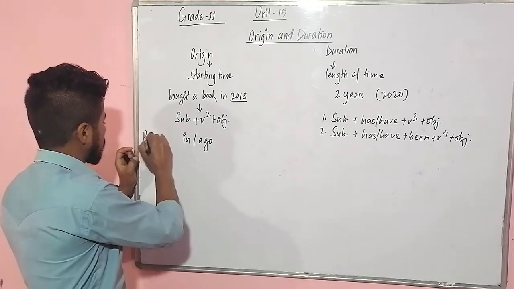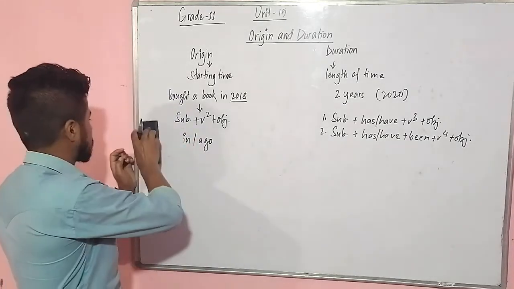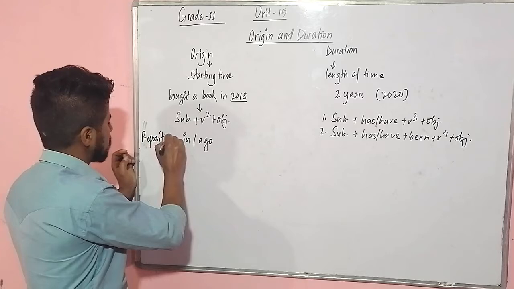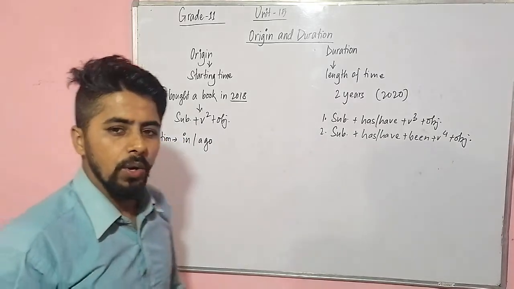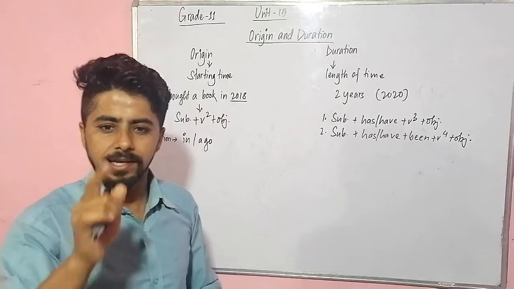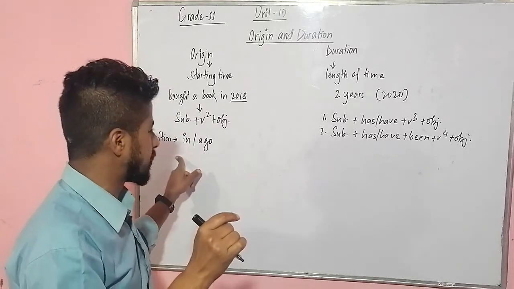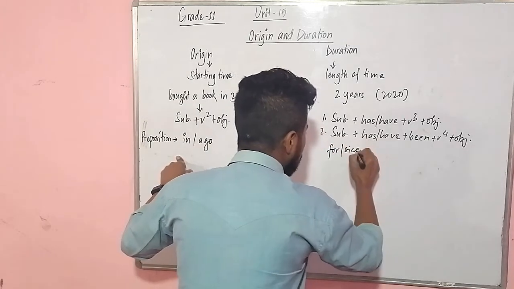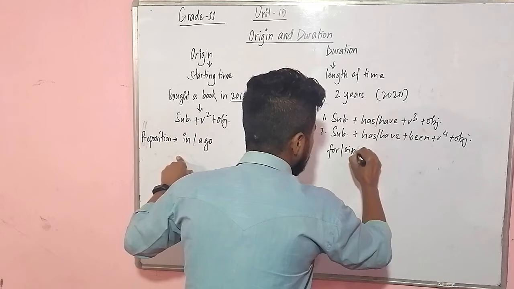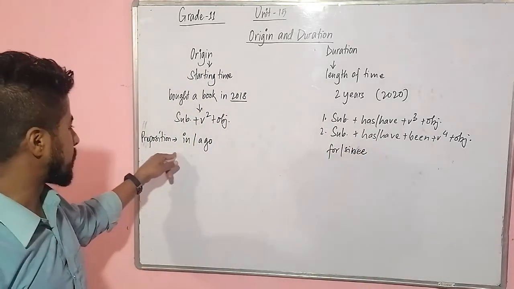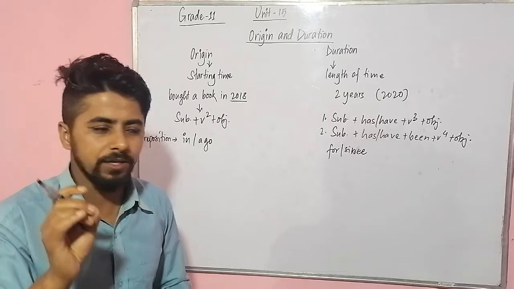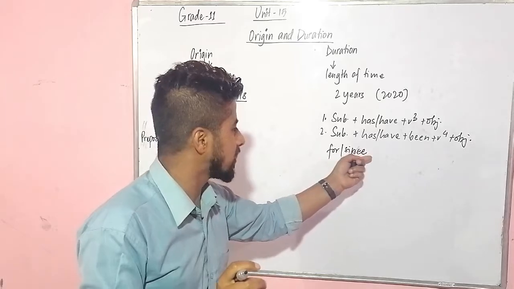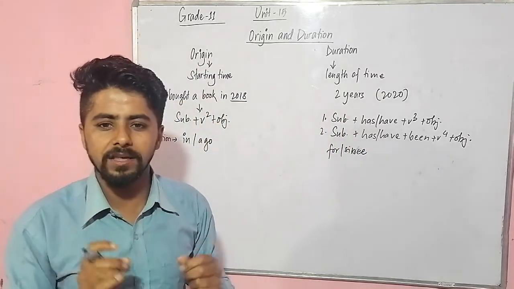The prepositions in or ago will be used while giving the answer for origin, whereas for or since will be used for duration.